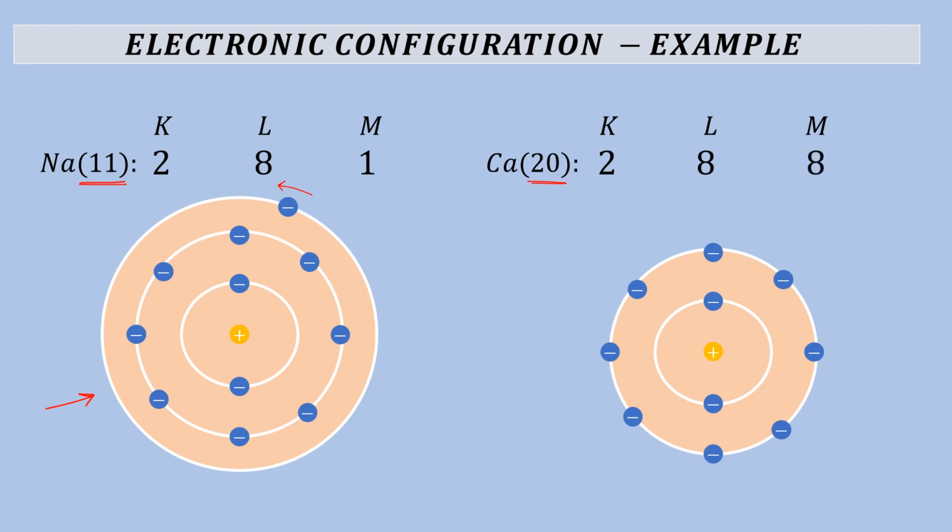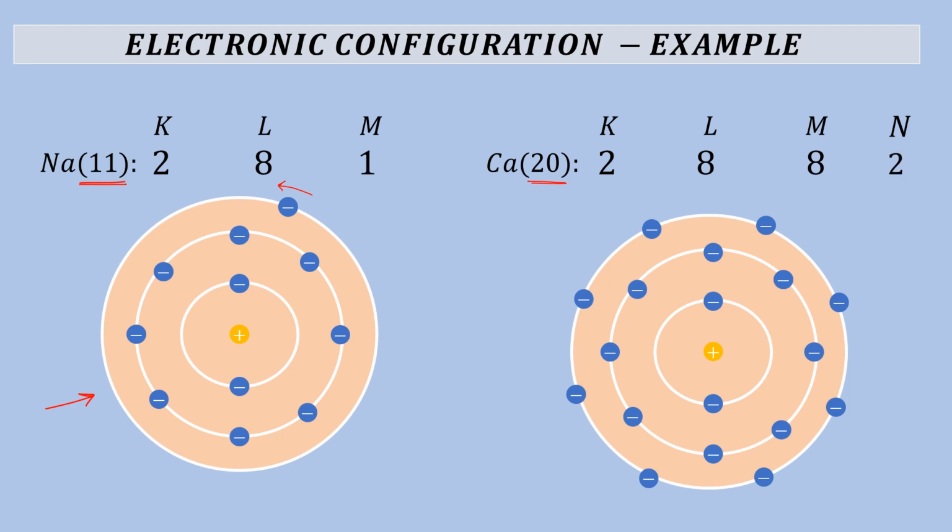Rather, we will fill only 8 electrons in the M shell of calcium atom, something like this. And then we will fill the remaining 2 electrons in the next higher shell, that is N shell. So the structure of calcium will be something like this instead of 2, 8 and 10.